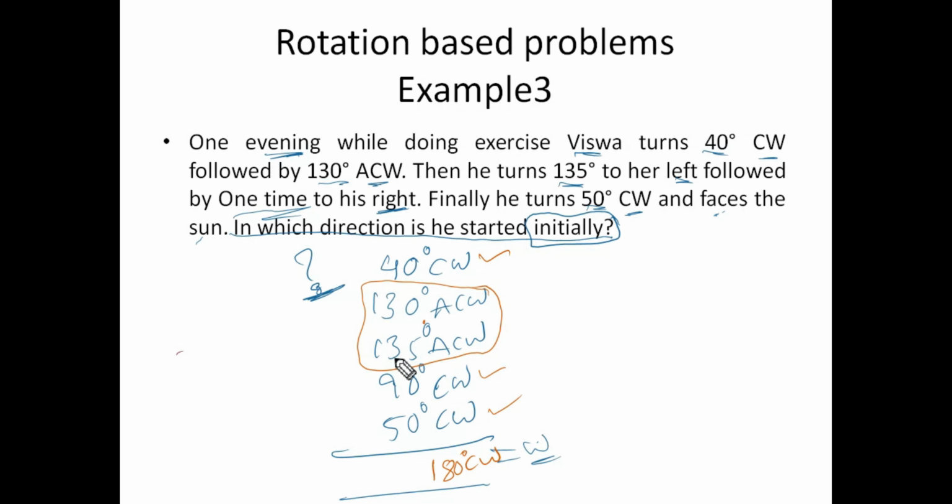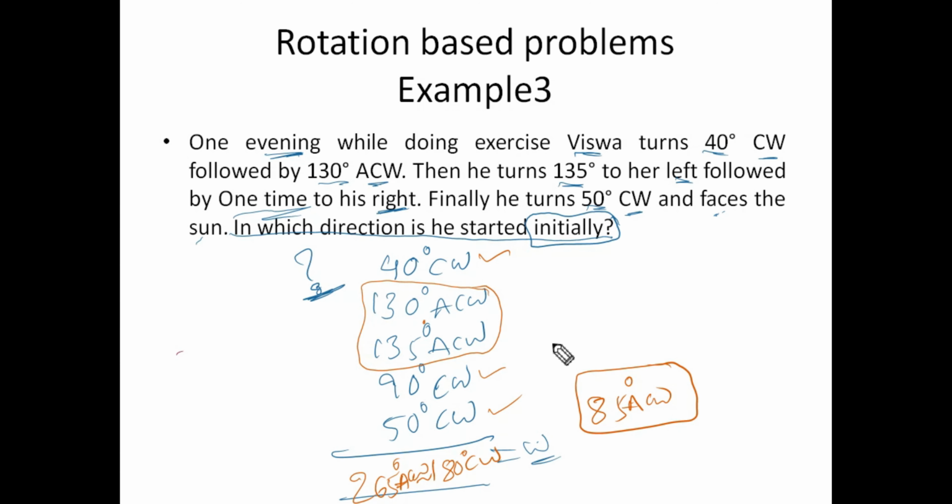The sum is 265 degrees anti-clockwise. What is the difference between 265 and 180? 85 degrees is the difference, anti-clockwise. This is the resultant angle.